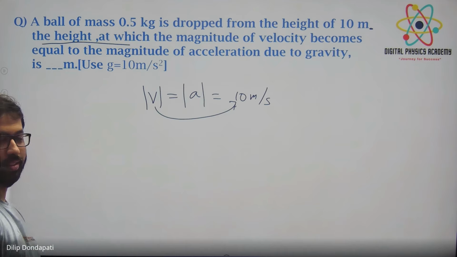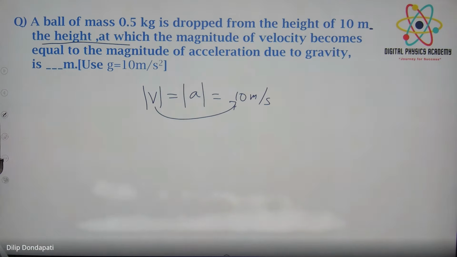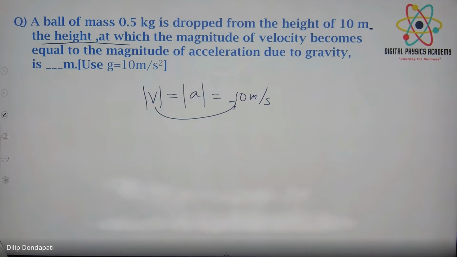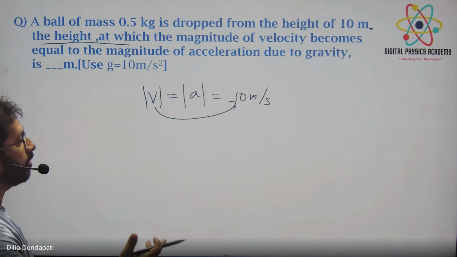Answer, Krishna. Sir, 5 only. Why? Just because you can ignore the mass and substitute the rest of the values. Which formula are we using? 2as is equal to v square minus u square.